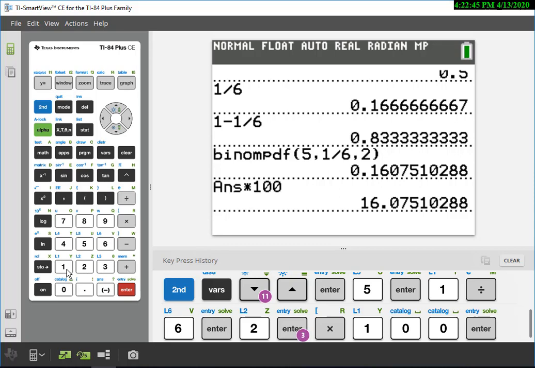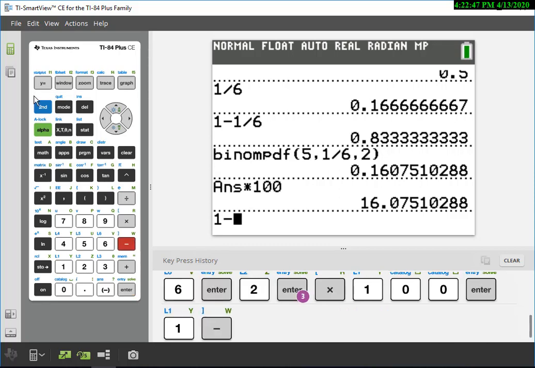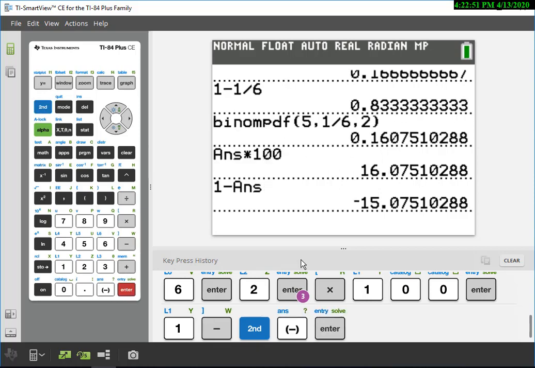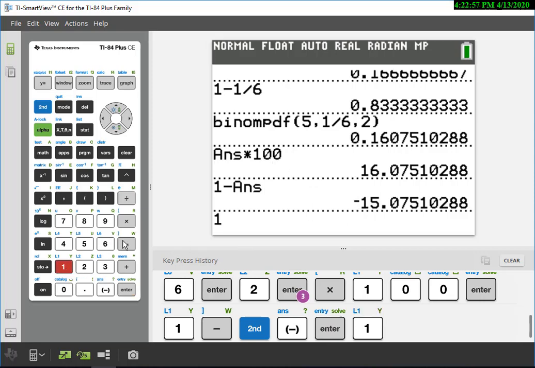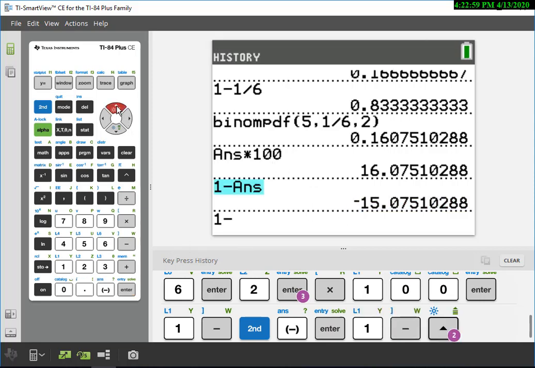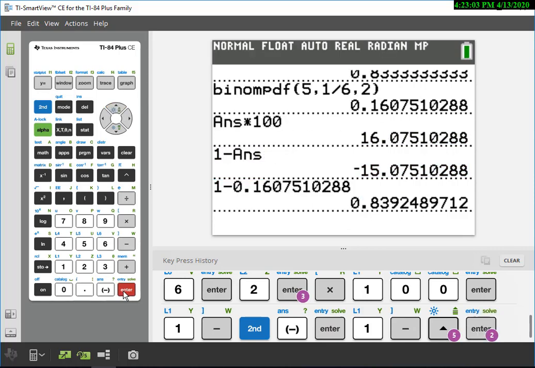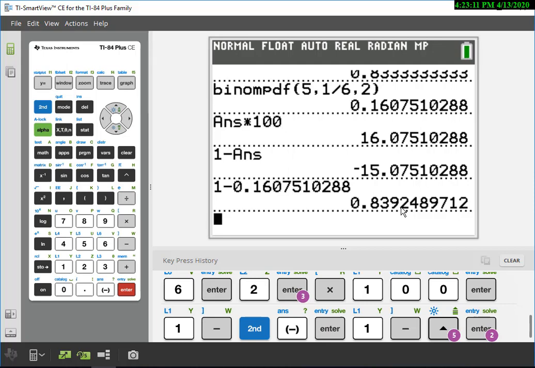So I'm just doing 1 minus the answer. I might have done that wrong because that was respective to the percentage. So maybe 1 minus, and let's just grab this over here, hit enter. So there's an 84% chance that my number will not show up 2 times out of the 5.